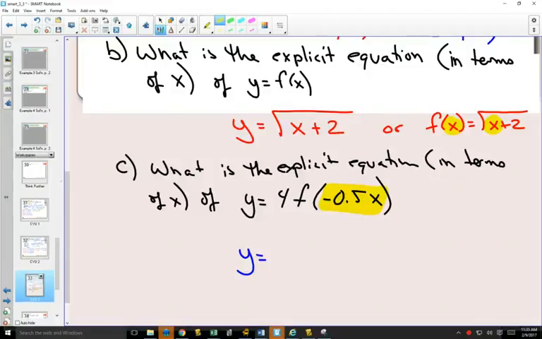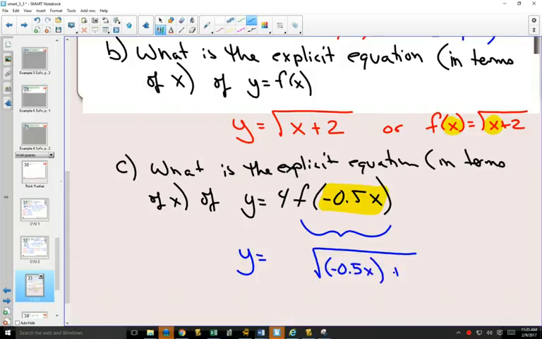So in my original function, I had the square root of x plus 2. This part right here is now going to be the square root of, and instead of x, I'll have negative 0.5x plus 2. And this 4 will still be multiplied out in front. And so that would be the explicit equation of the blue graph that we just graphed.